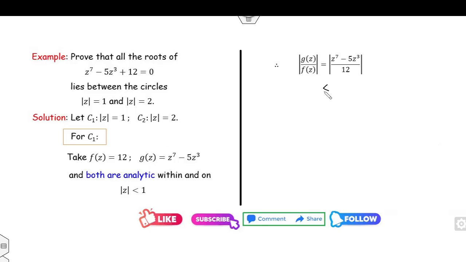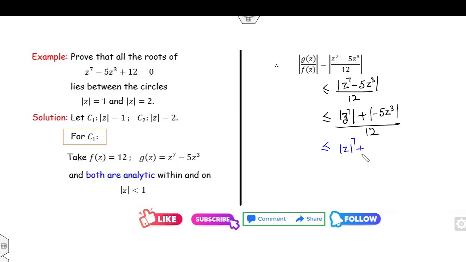Now again you can take this as my 12, this is z raised to power 7 minus 5z cubed. I can also write this as z raised to power 7 plus minus 5z cubed divided by 12. Again I can write this as z raised to power 7 minus 5 is my positive 5, z cubed divided by 12. So that will be 1 plus 5 over 12, this is my half, half is less than 1.